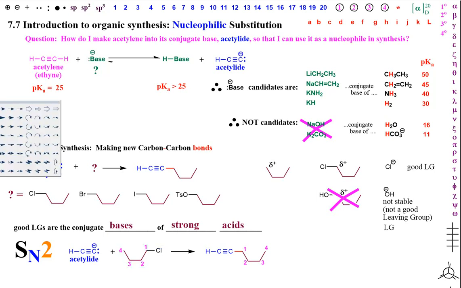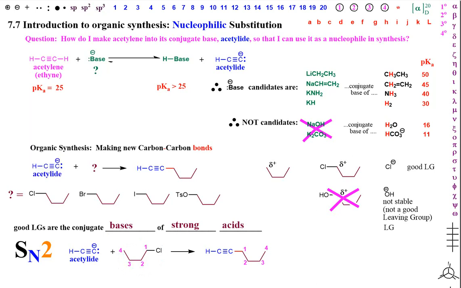The lone pair on the acetylide is attracted to the carbon with the halogen because that makes the carbon quite positive. And that kicks off the stable leaving group. So we made a bond from acetylide's anionic carbon to carbon 1 of butane. That's synthesis. Acetylide was the nucleophile.